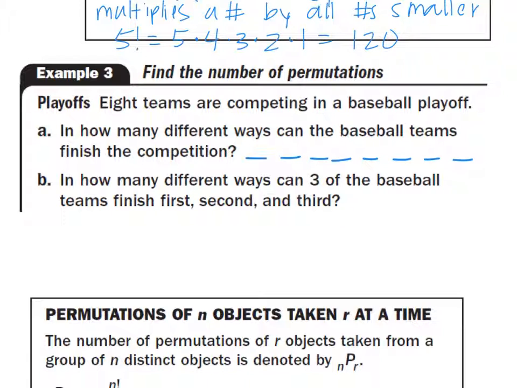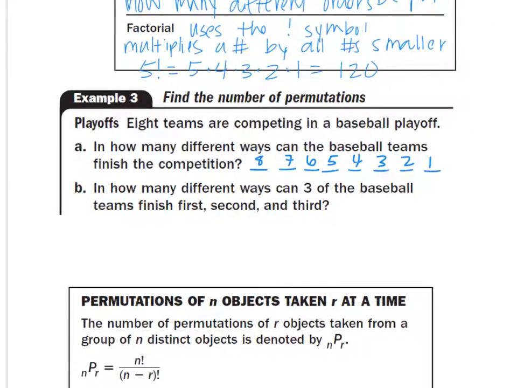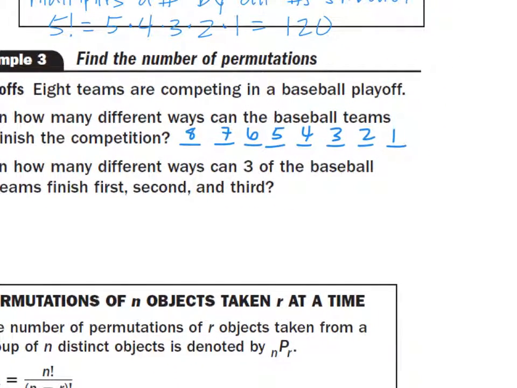And as we're starting out, there's 8 different teams that could take first place. But once we assign first place, now there's only 7 teams that could get second, 6 teams could get third, and all the way down the line. So yes, we could continue to do these problems like this, but this is the same as if we just did 8 factorial.